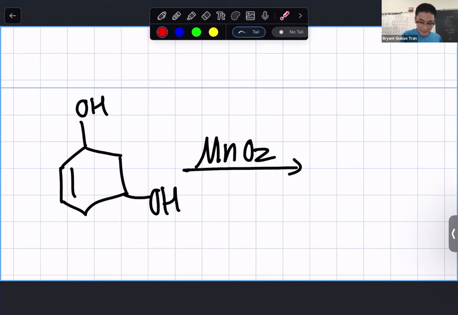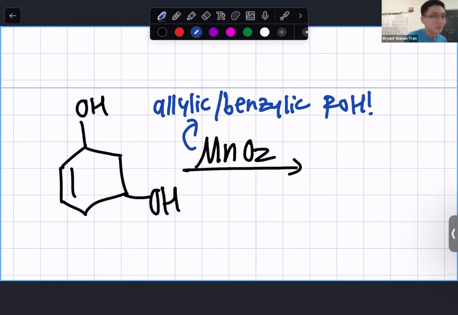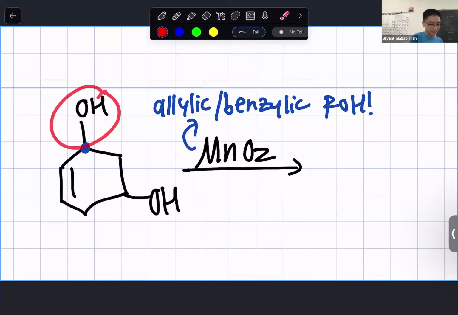So this oxidizing agent can only oxidize allylic or benzylic alcohols. So we know that this position here is allylic, so that alcohol is going to get oxidized.